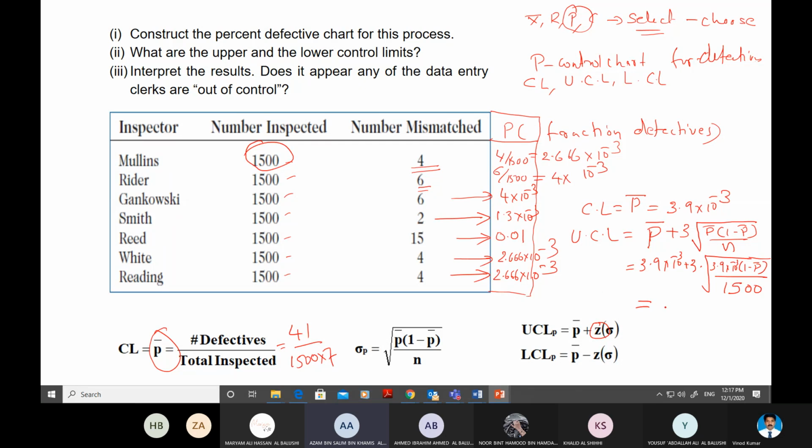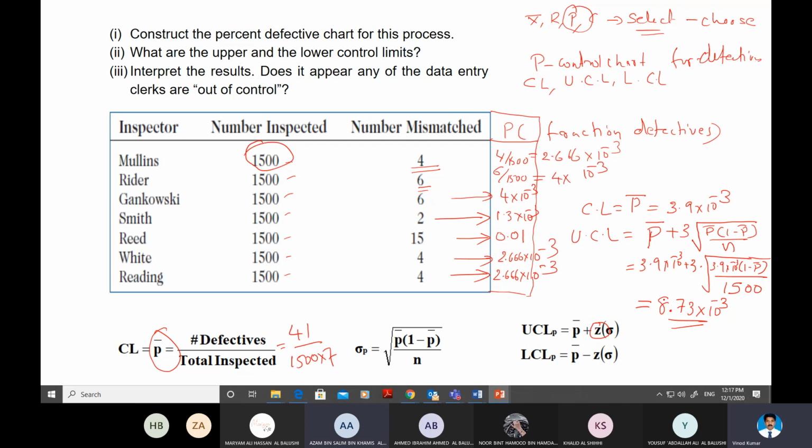8.73 multiplied by 10 to the power minus 3. I need an answer from one more person to confirm.